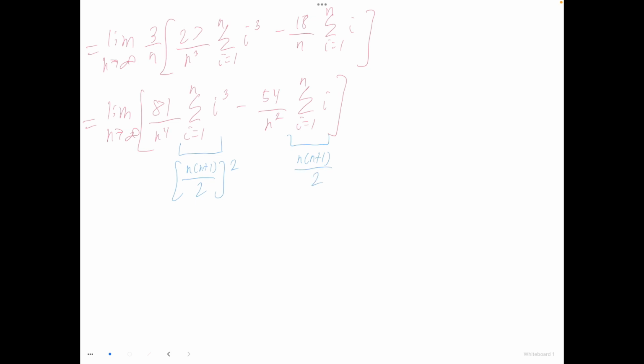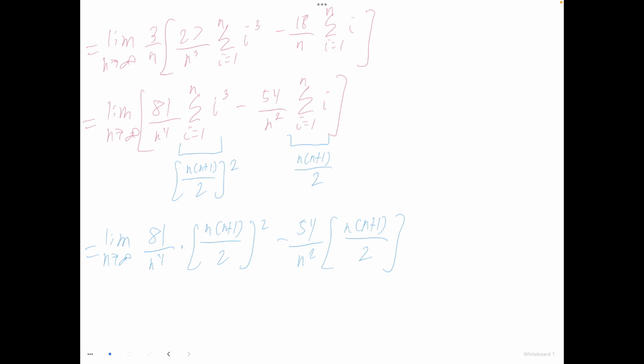And so we're going to plug those in to have the limit as n goes to infinity of 81 over n to the 4th times n times n plus 1 over 2 all squared, minus 54 over n squared times n plus 1 over 2.